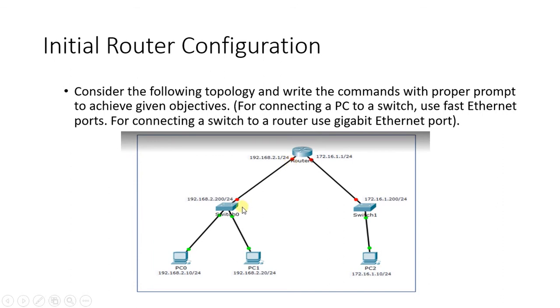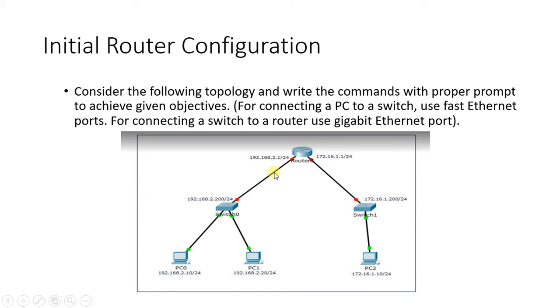This interface is connected to the 192.168.2.0 network, so the IP address assigned should belong to this network, and this interface is connected to the 172.16.1.0 network, so the IP address of this particular interface should be within this network, right? One thing should be very clear to you: this router is connecting two different networks.